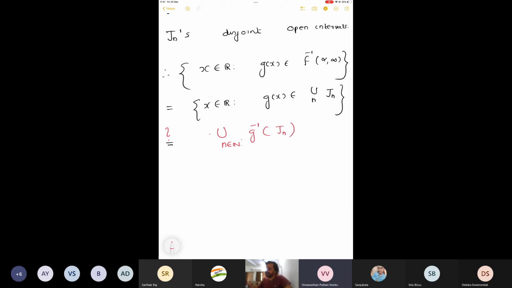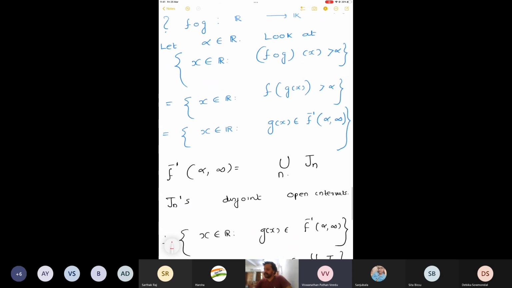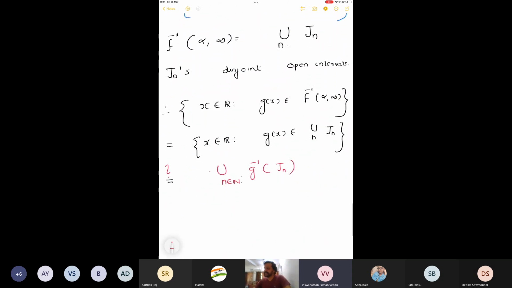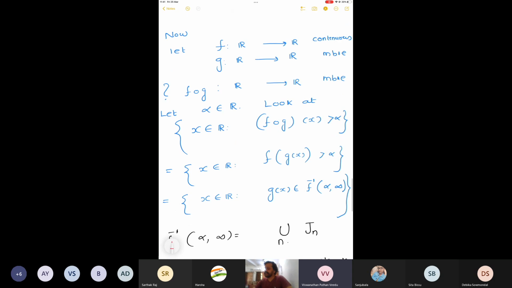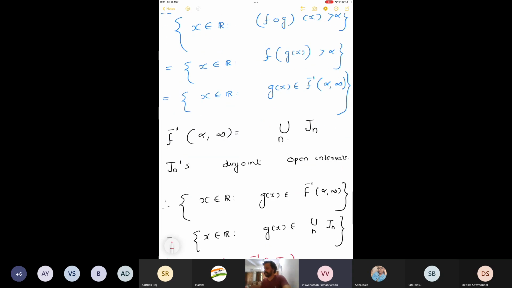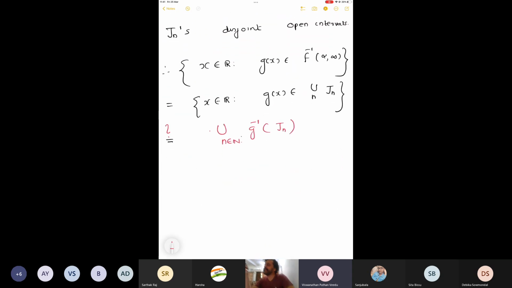But now, g is measurable and the Jn's are intervals. Since g is measurable and the Jn's are intervals, g inverse of Jn would be measurable. Using the fact that once g is measurable, the sets where g of x is greater than or equal to alpha, greater than alpha, less than alpha, or less than or equal to alpha are all measurable, you should be able to see that g inverse of an interval is measurable whenever g is measurable.